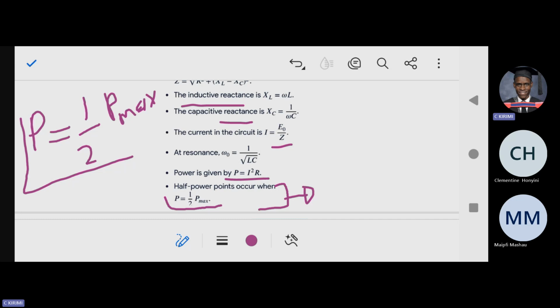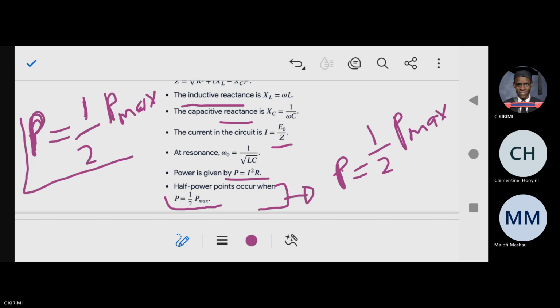So it's a half power point, this P, if it's half of the maximum power. So this is the one that we are looking for. Once we find that P is equal to half of the P max, then we conclude that that P is a half power point.